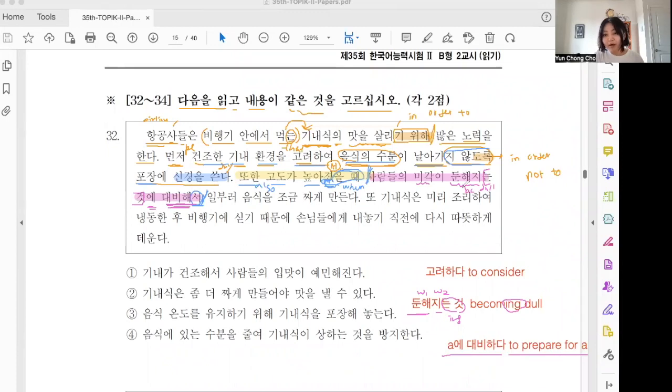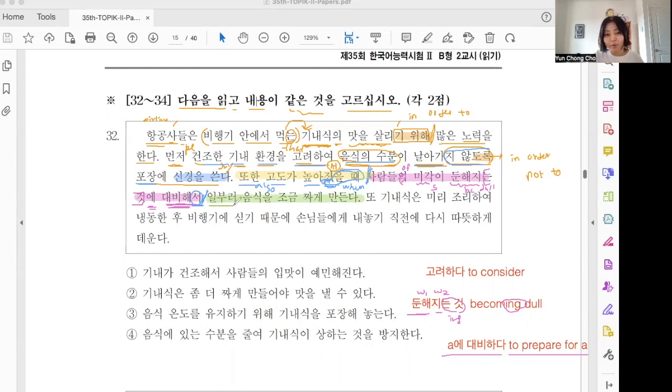Prepare for becoming dull. What is becoming dull? Subject marker 이, so 미각, the sense of taste of people becoming dull. Prepare for the people's sense of taste becoming dull.